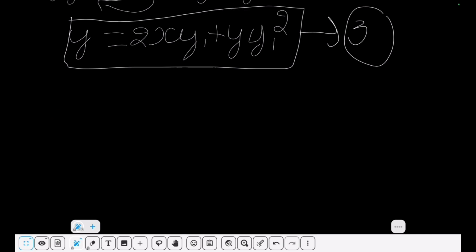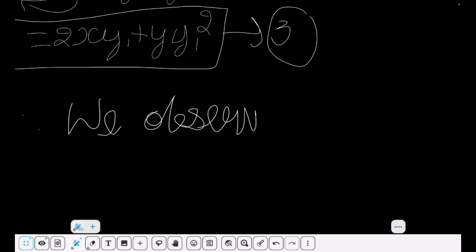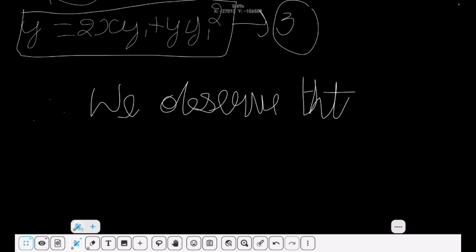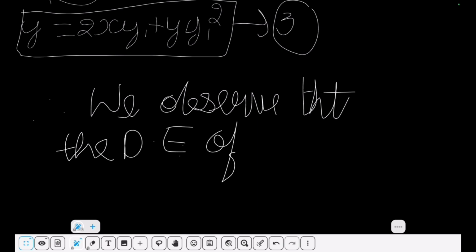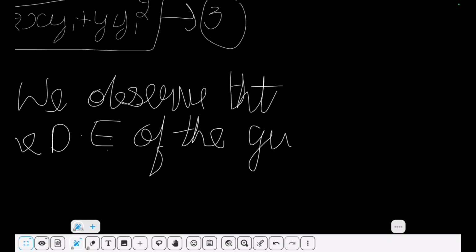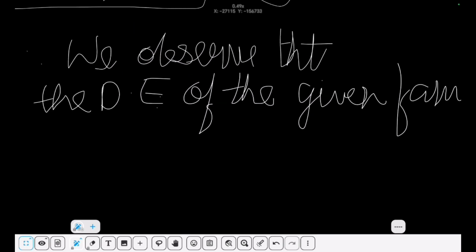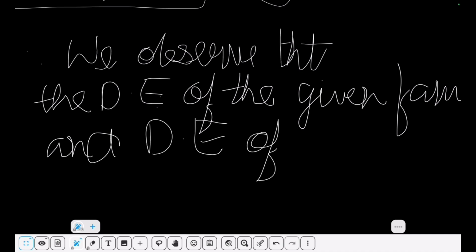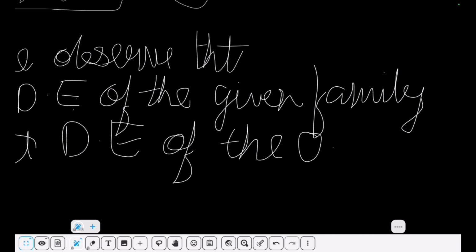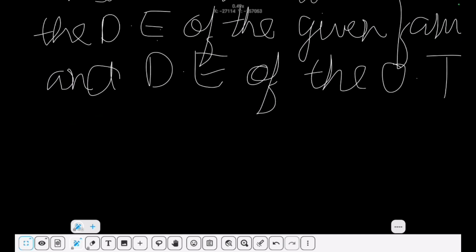So I write it in short, therefore we observe that the differential equation of the given family of curves and the differential equation of the orthogonal trajectory of the curve are same.